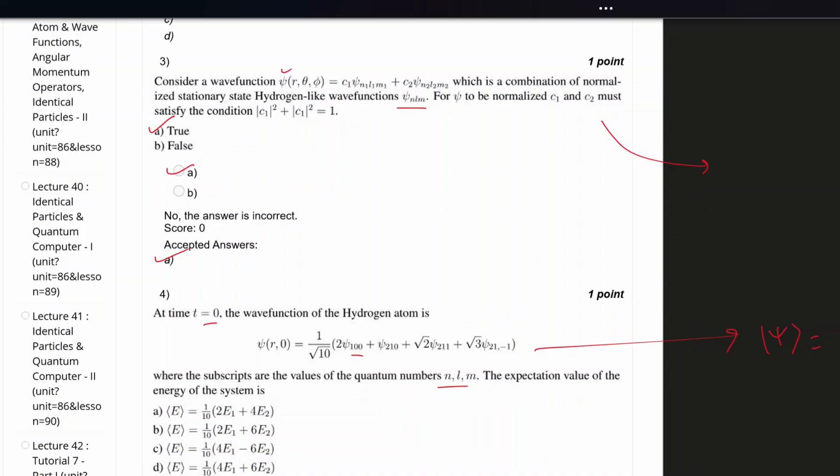Each psi n state appears in psi with a complex coefficient Cn.